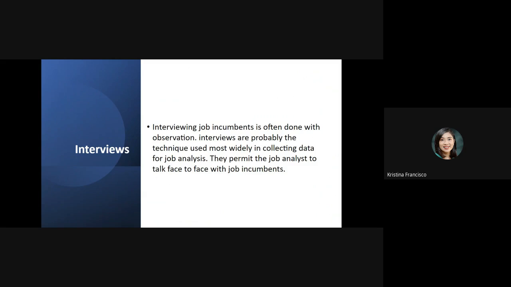So dito, you could do face-to-face, you ask questions, and right away you're able to get information from the job incumbents. Pero again, this method is also time consuming and expensive.